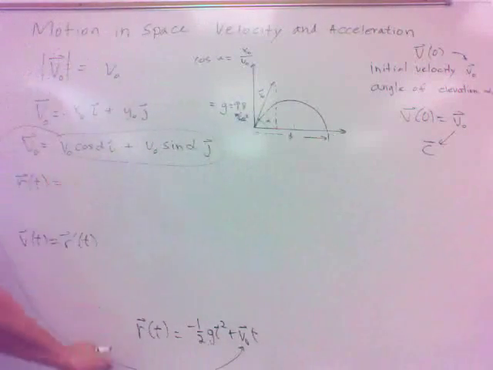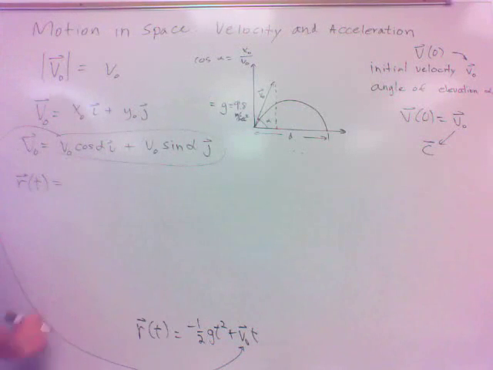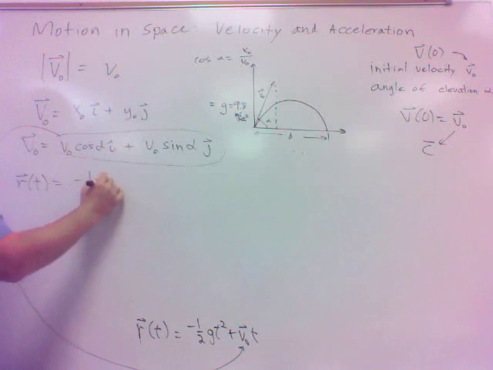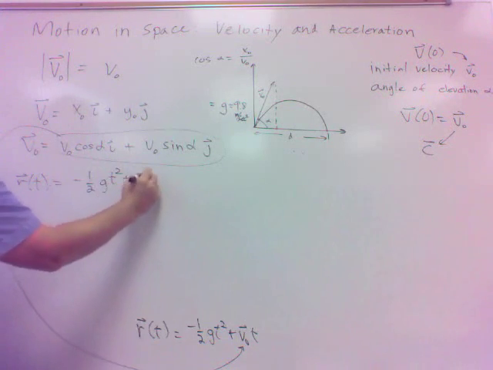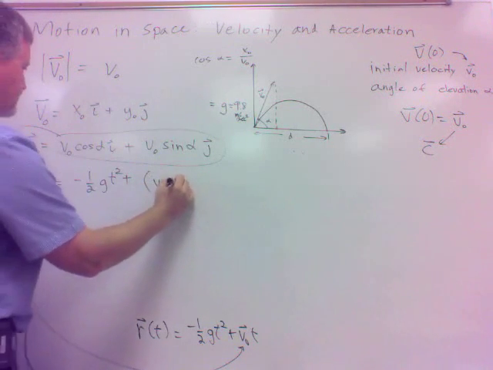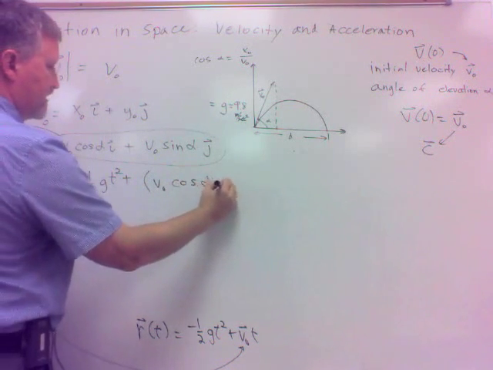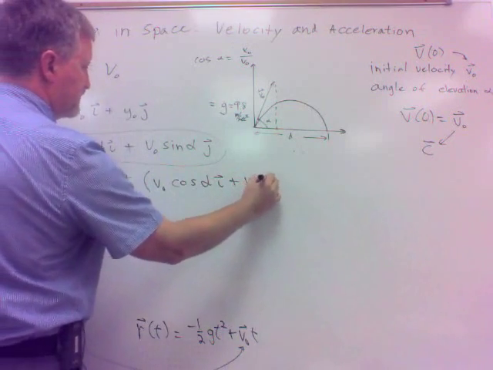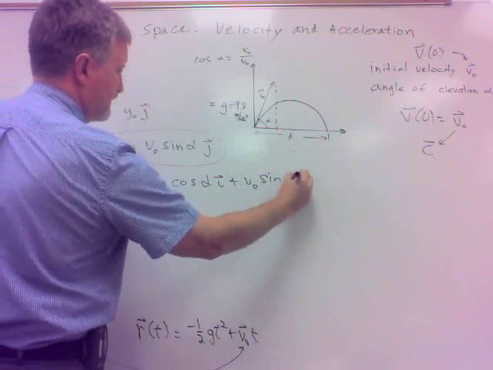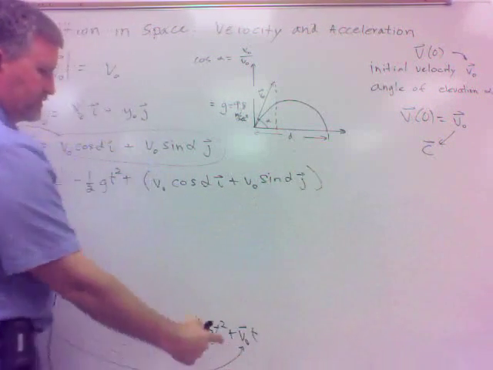So that makes r of t negative 1/2 gt squared plus this, v0 cosine of alpha i plus v0 sine of alpha j times t.